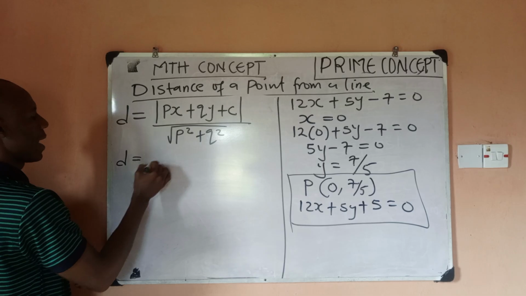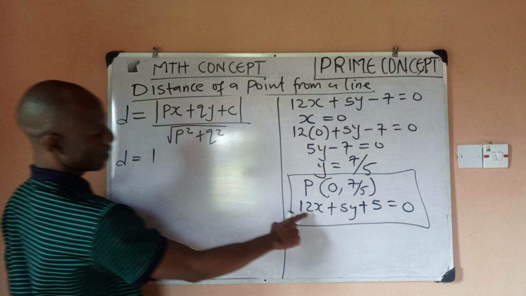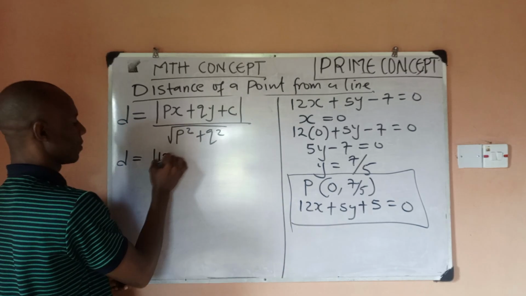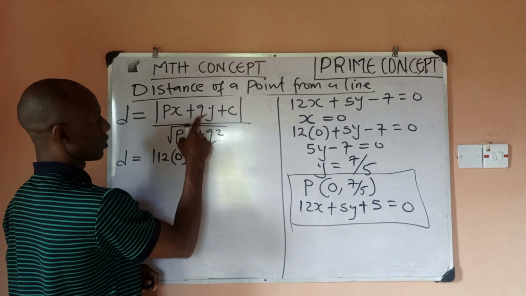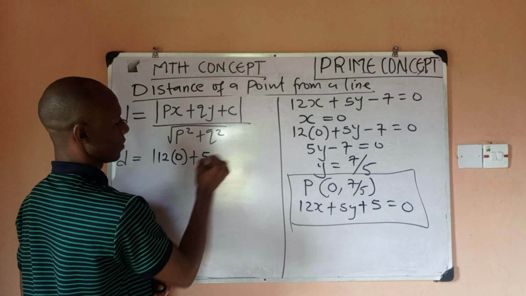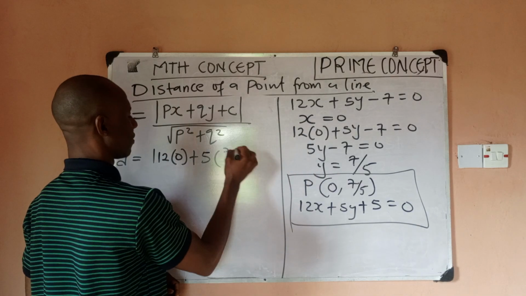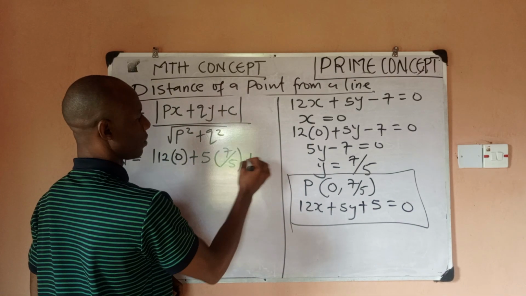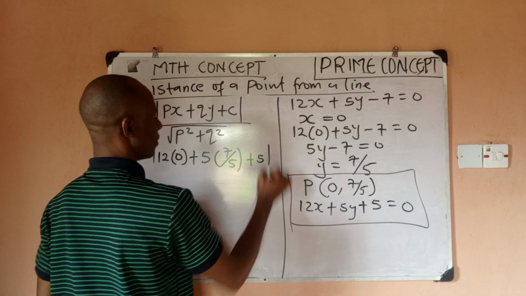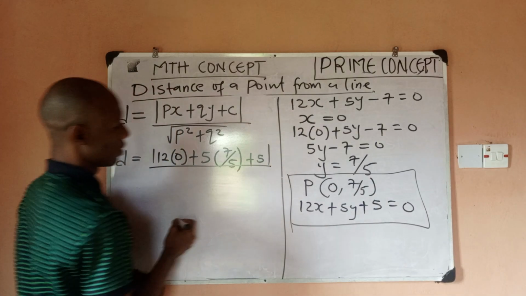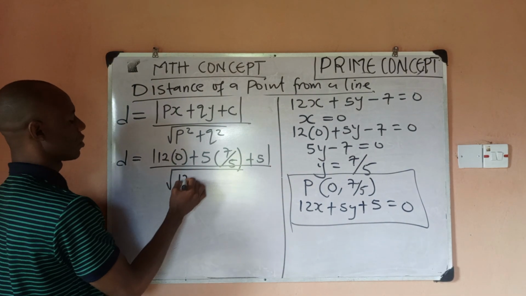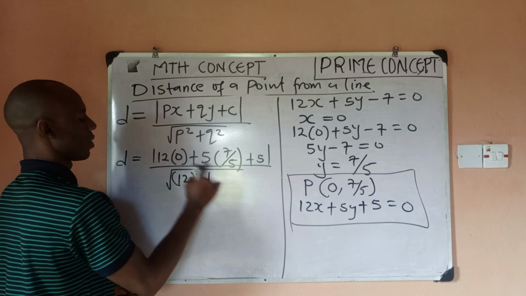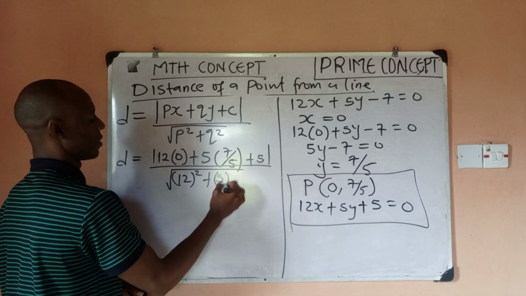So I have the absolute value of 12 into my x, which is 0, plus 5 into my y, which is 7 divided by 5, then plus 5 here. This absolute value is divided by the square root of the coefficients, 12 squared plus 5 squared.